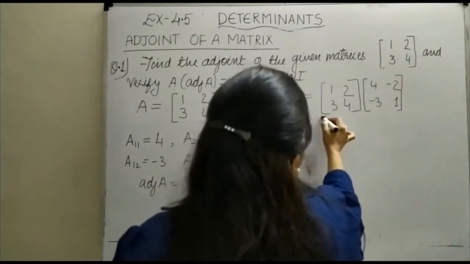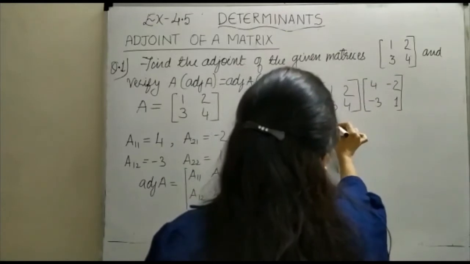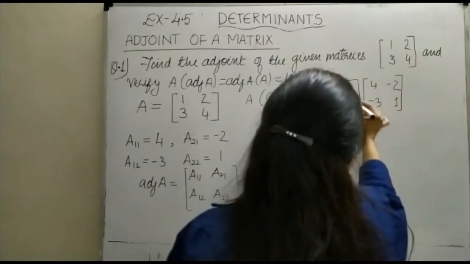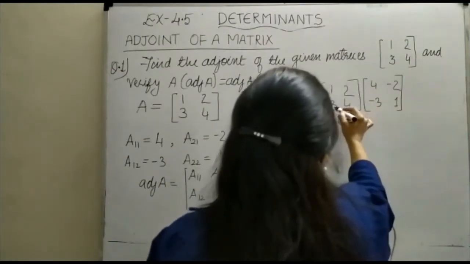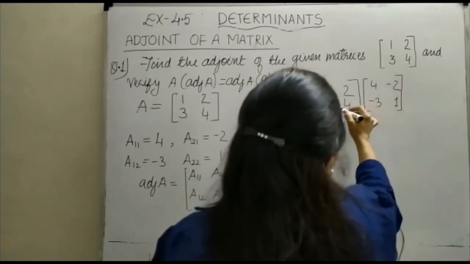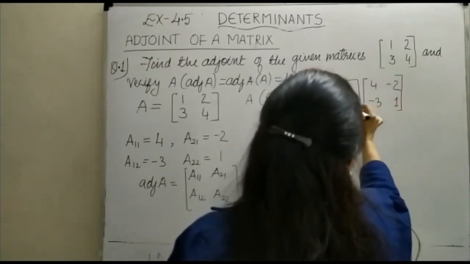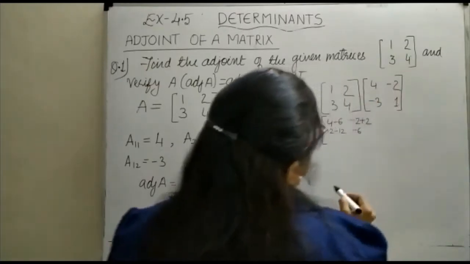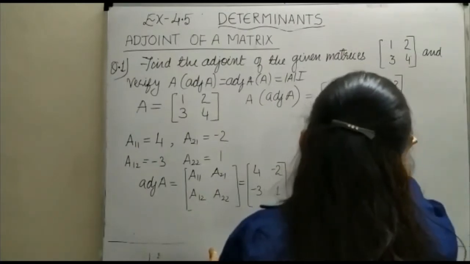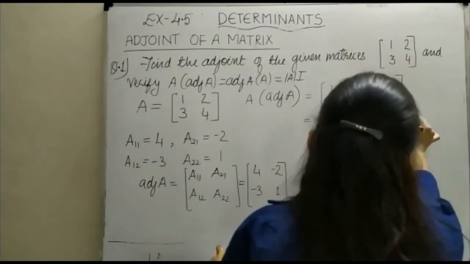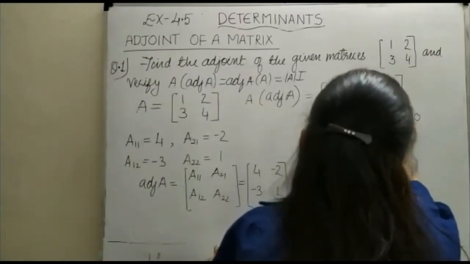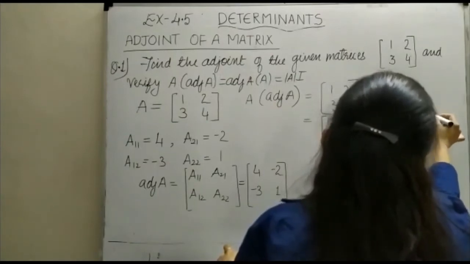When you multiply, what do you get? 1 into 4, 2 into -3, -6, -2, +2. Then 3 into 4, 12, -12. 3 into -2, that is -6 plus 4. So we are getting here -2, 0, again 0 and here -2.